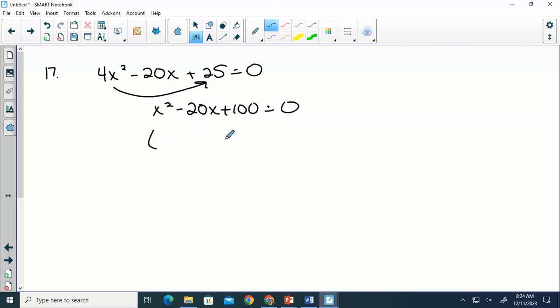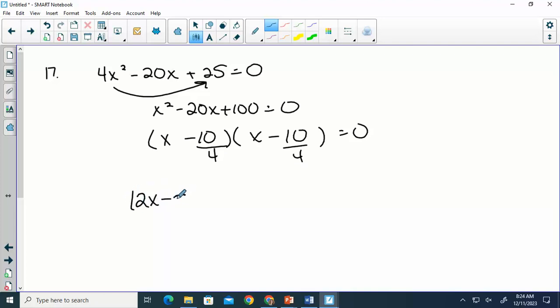What multiplies to 100 and adds to negative 20? But then what do we have to do? We started out multiplying by 4, so we divide by 4. So 10 over 4 reduces to 5 over 2, so that's 2x minus 5.